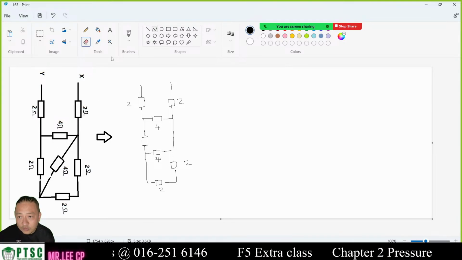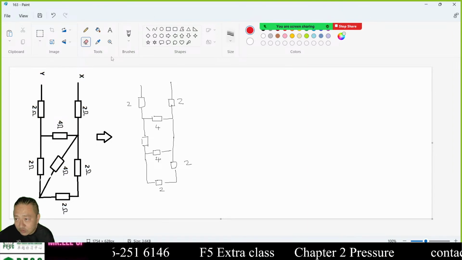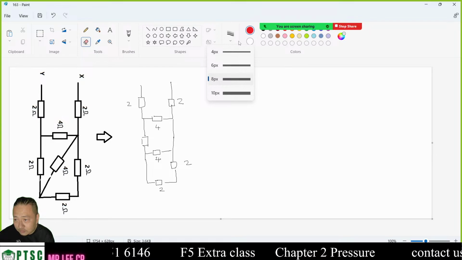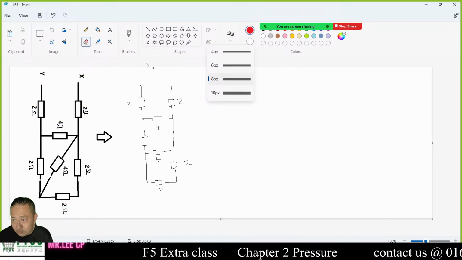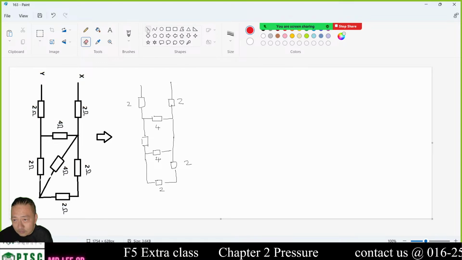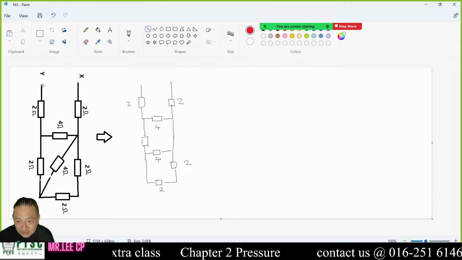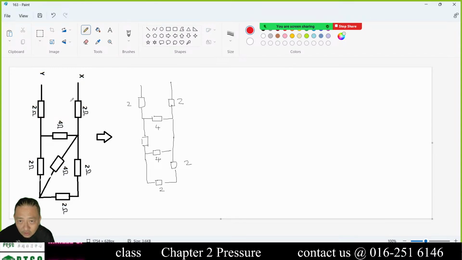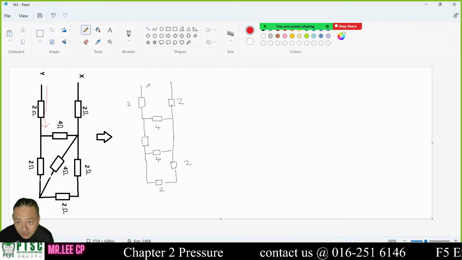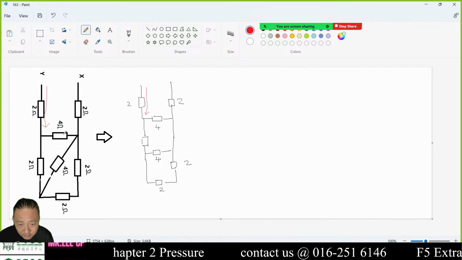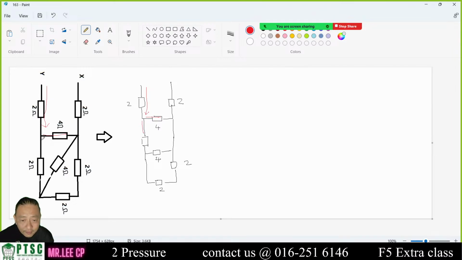Before this, I want to check whether it is still the same or not. So here it is. Come to here. It breaks into 4 and 2. Then it comes to here and breaks into 4 and 2. After that, it breaks into 4 and 2.